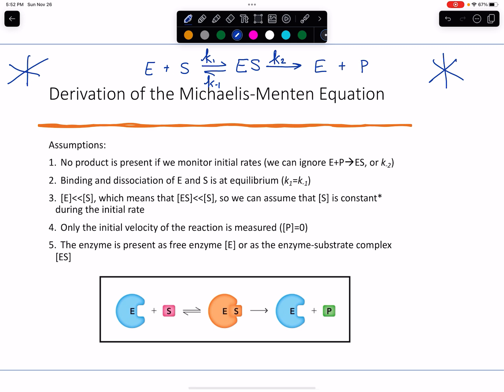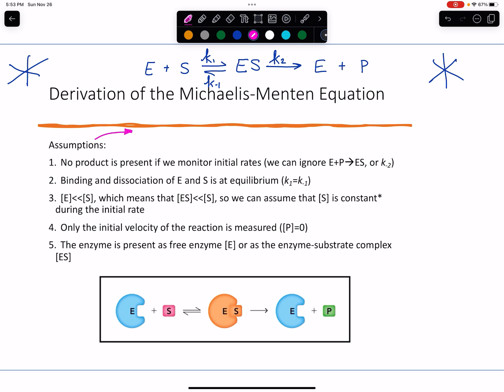Assumption number 1 has to do with the conditions under which we do our experiment. When we use the Michaelis-Menten model to analyze our data, we have to do our experiment in such a way that these assumptions are true, because the assumptions let us ignore things and get rid of some of the mathematical complexity.